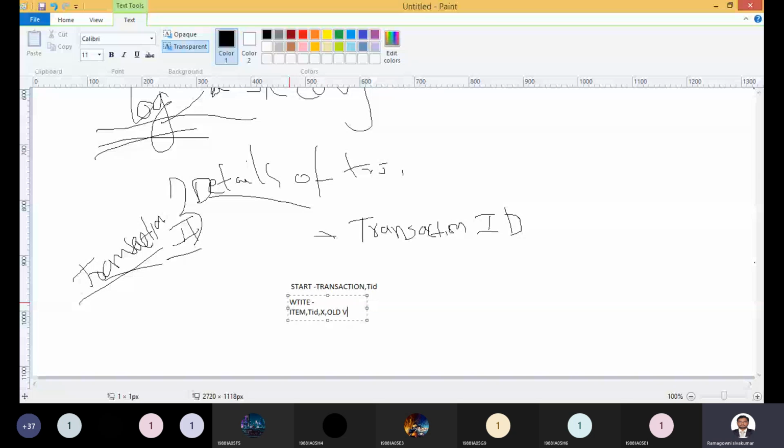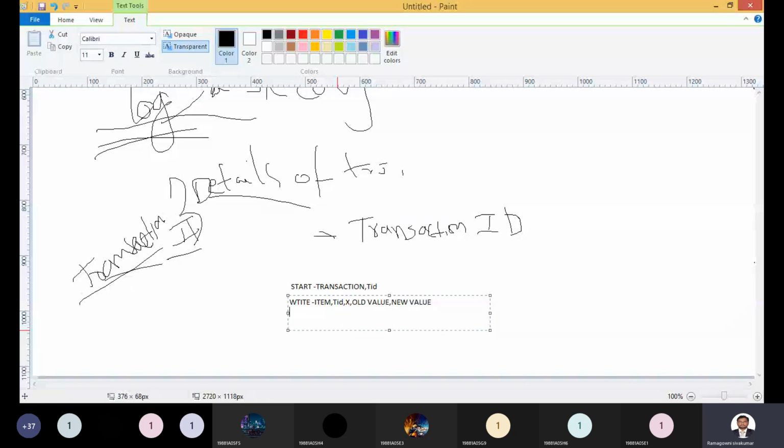The log file information will be like this: start transaction, then the transaction ID, then write item, where for that transaction the data item is X, with old value and new value.